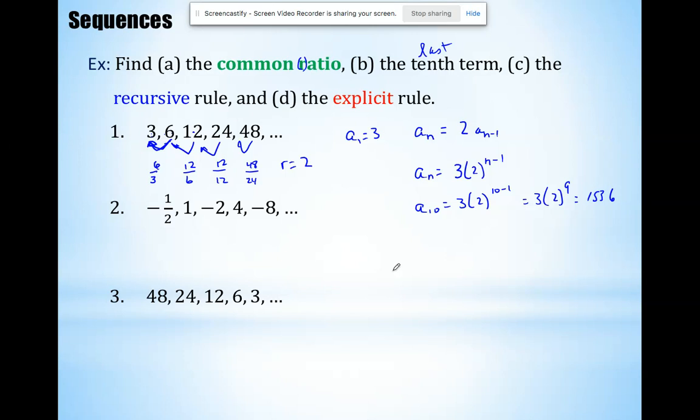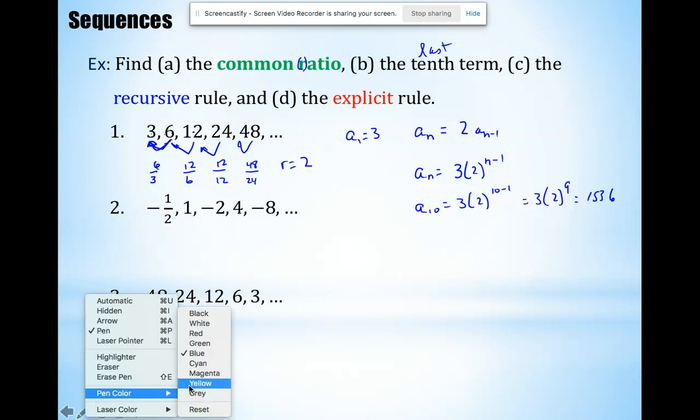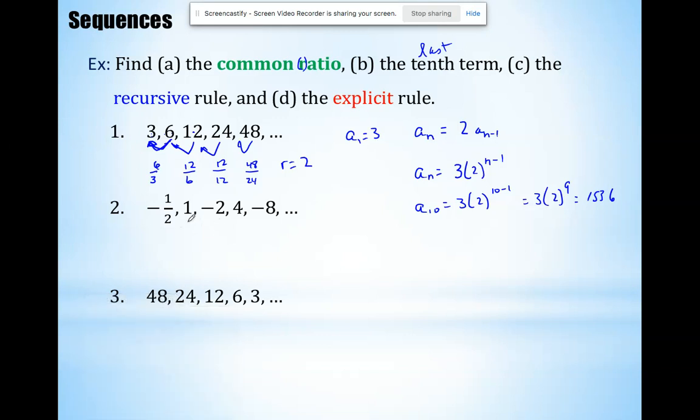How about the next one? I'm not going to go all the way through the next one again, just to make sure you're doing it right. 1 divided by negative 1/2, negative 2 divided by 1, 4 divided by negative 2. Your common ratio is negative 2.